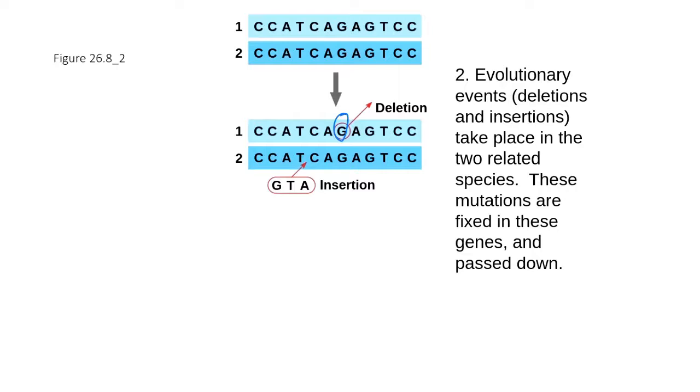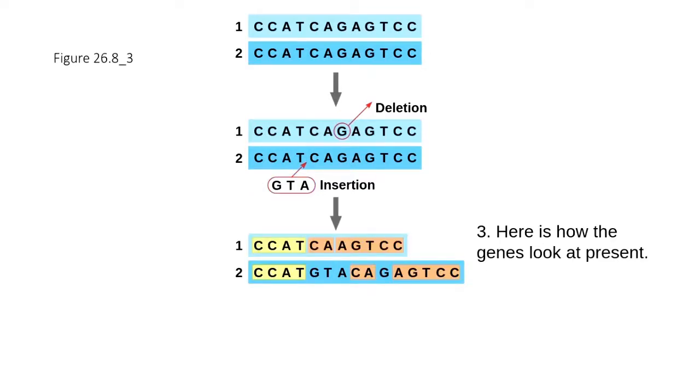The other group had a mutation, an insertion of GTA into this place. Now the populations of animals will give this mutation to their offspring. As a result, we're going to have this gene in one group of animals, future tigers, and this gene in another group, future cats.